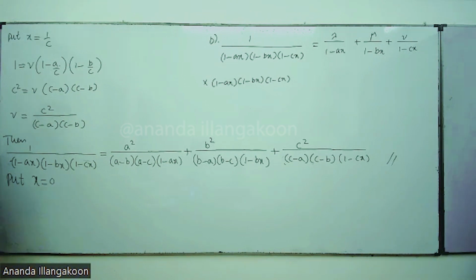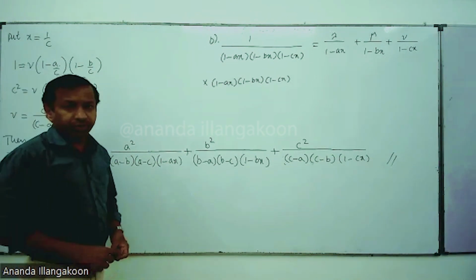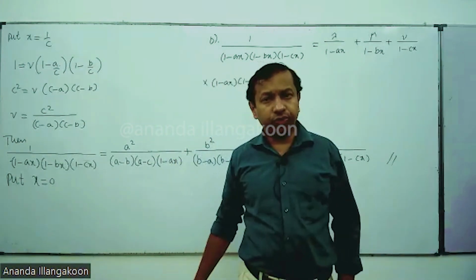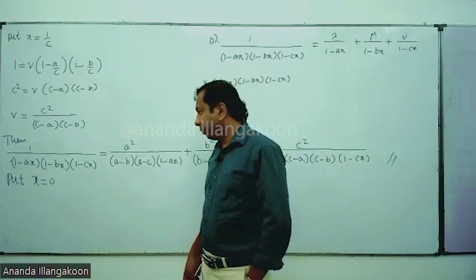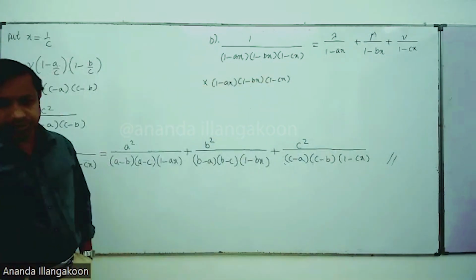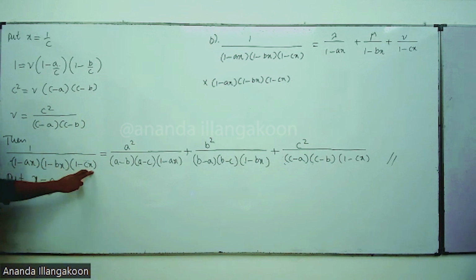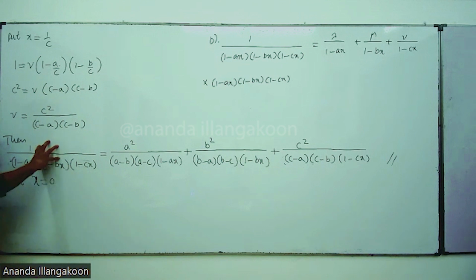Any value for x we can put because this equality is an identity. Put x equals 0. Then this is 0, this bracket 1, this 0, this bracket 1, this 0, this bracket 1. 1, 1, 1, 1. 1 upon 1 is 1. Therefore, left hand side is 1.